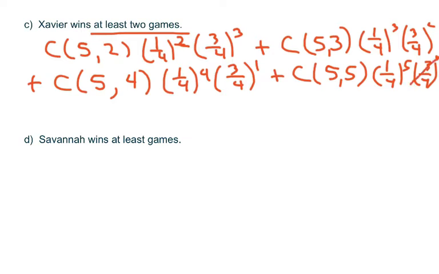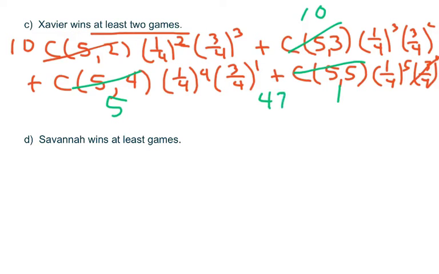So you really don't need that. All right, this is 10. This is 10. This is 5. And this is 1. So the rest you can just put in the calculator, and you will get 47 over 128.